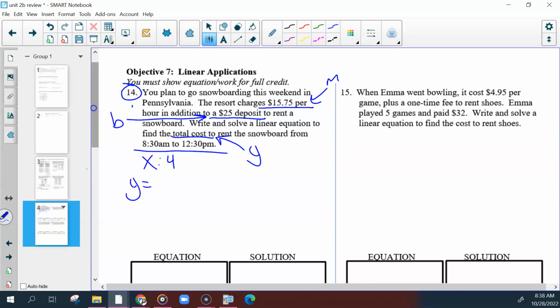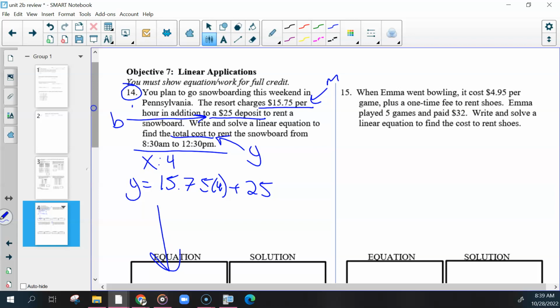So Y equals 15.75 X plus, X is 4, plus 25. That would be your equation that you put in that box. You would put that in your calculator.